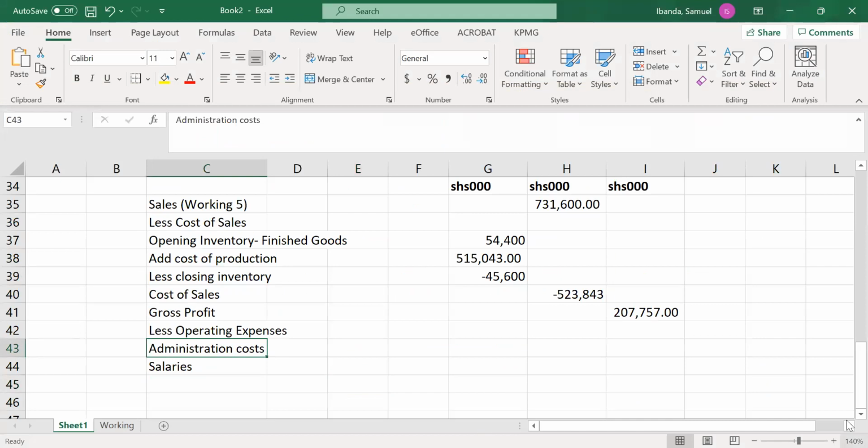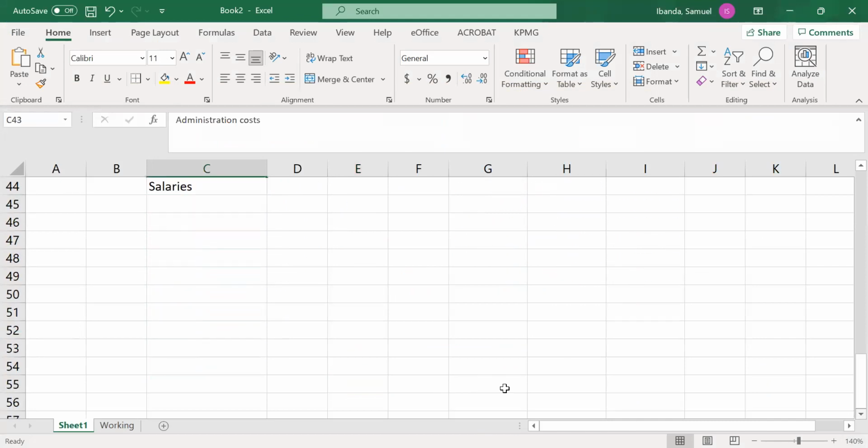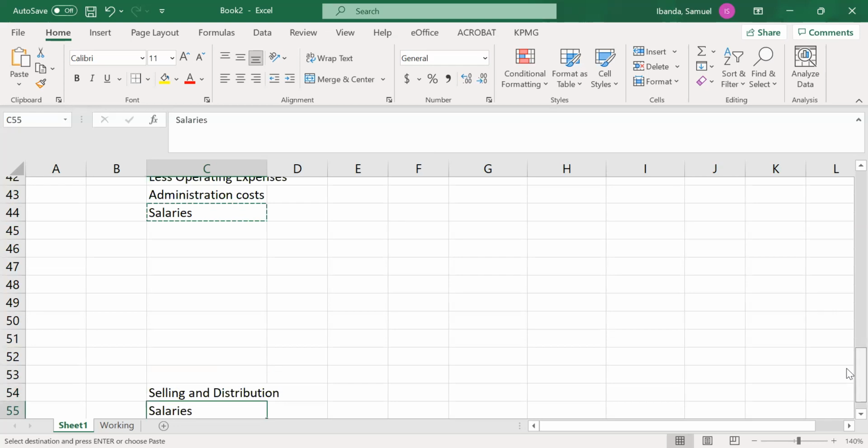So to speed up, let me have my administration costs there, and I'm going to jump some space and put selling and distribution here, so that I can record them concurrently. So I'll record salaries here and also here, because they fall under the two different categories.